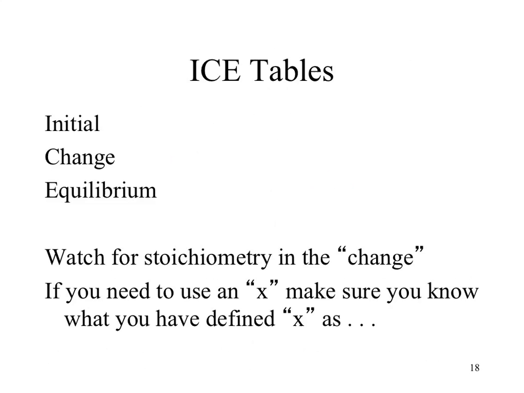Say we went from 2A to 3B. If I react 2 molecules of A, how many molecules of B do I get? 3. So if A goes down by 2, B must go up by 3. You have to make sure those coefficients show up in your change.